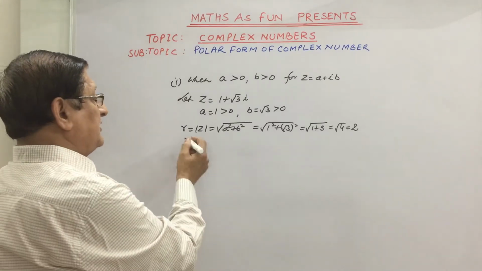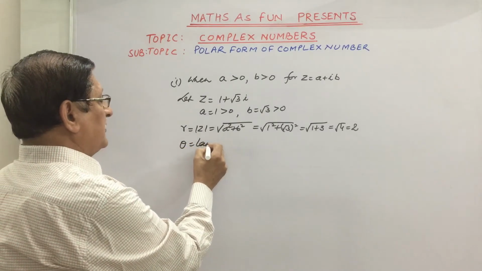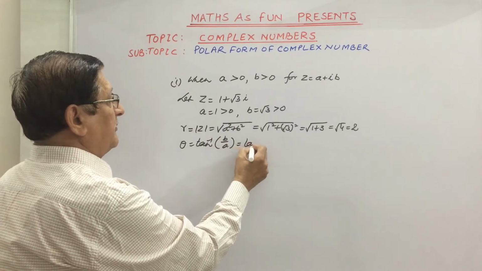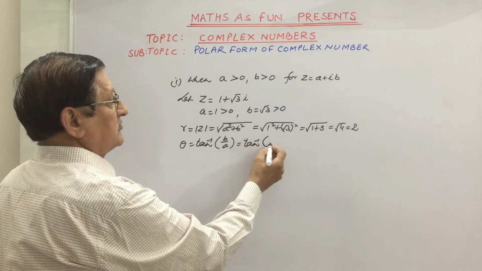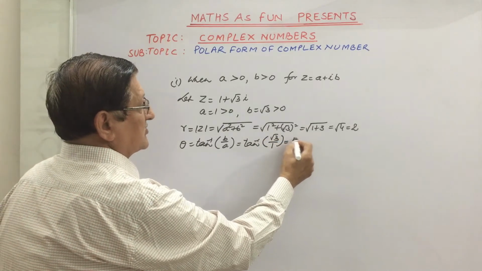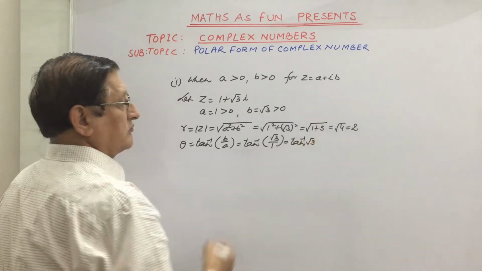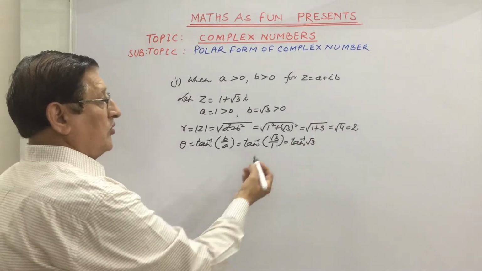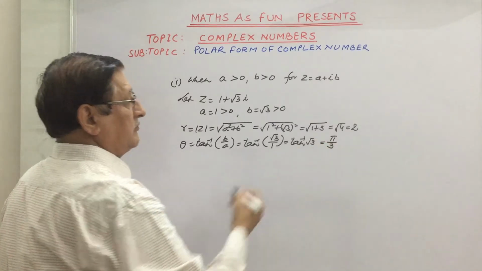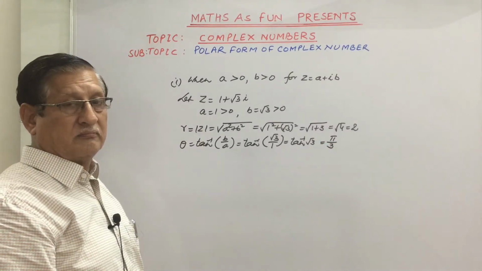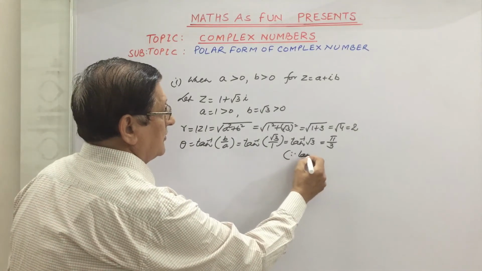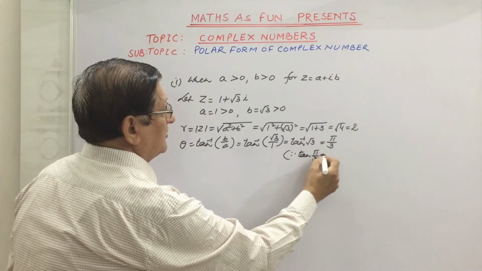To find theta, we know it is tan inverse b upon a, that can be taken as tan inverse root 3 upon 1, that is tan inverse root 3. And we know tan inverse root 3 is pi by 3, because tan pi by 3 is root 3.